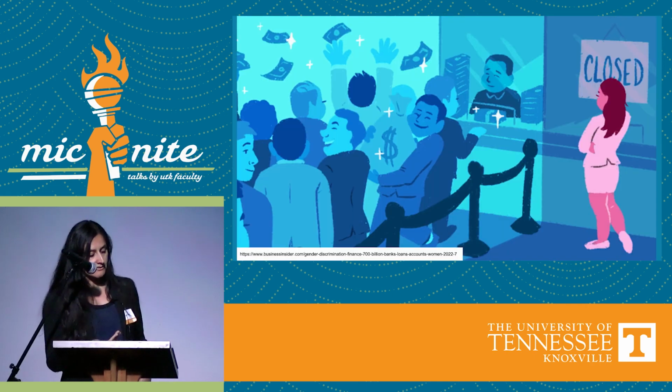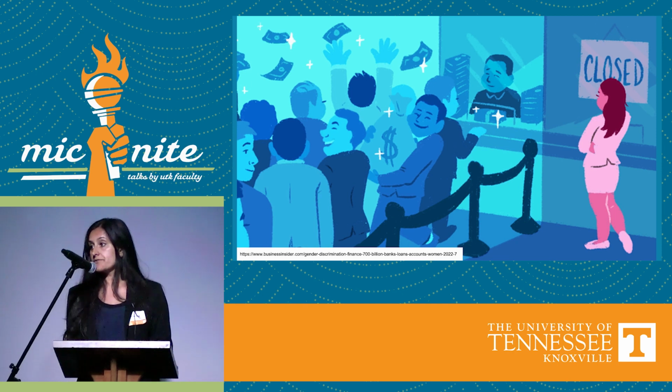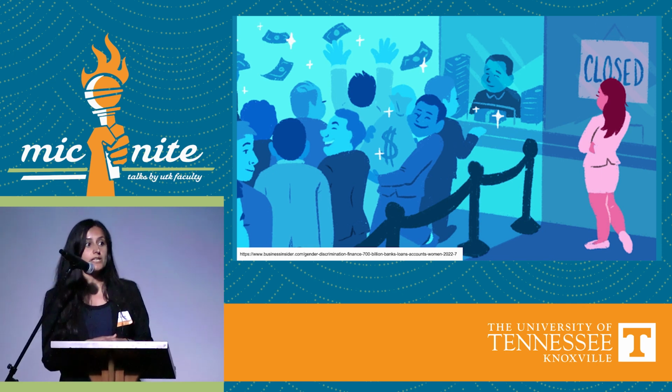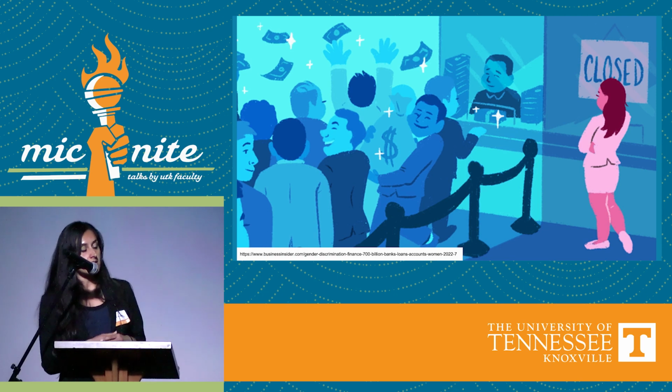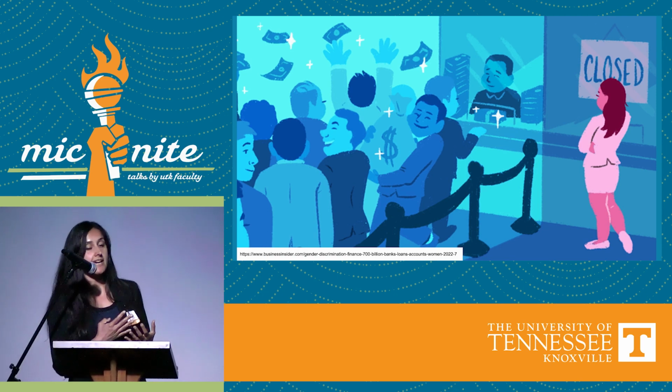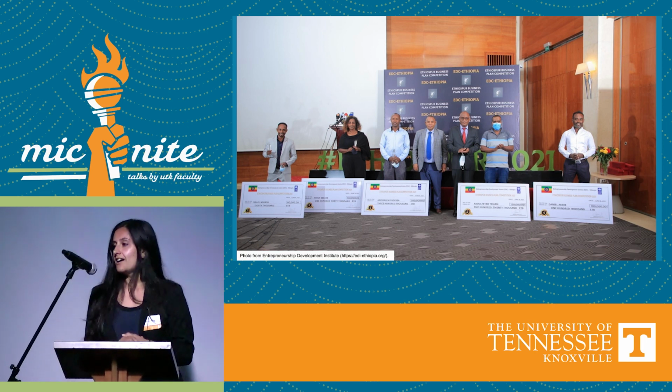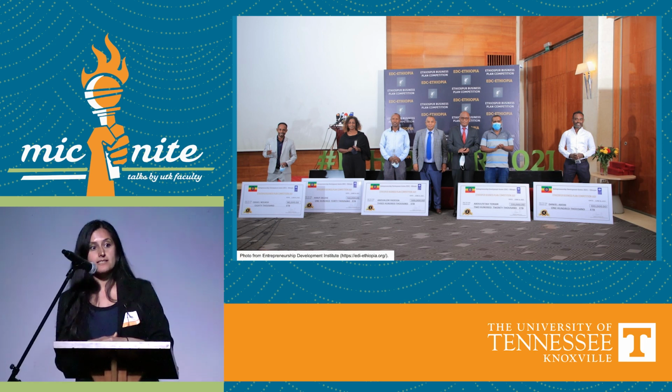So in one strand of my research, we explore the role of gender discrimination in access to credit, which is a key input in business success and an input that we know women have less access to. So with local collaborators in Ethiopia, we designed a business plan competition, which will be featured right here, where we invited businesses to apply and we recruited loan officers from various Ethiopian banks to judge those businesses.